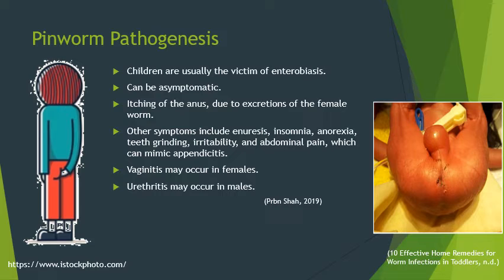In female patients, vaginal irritation or vulvovaginitis may occur, and urethral infection in males. The picture at the lower right is actually an infant with worms, and if you look closely, you can actually see the pinworms.